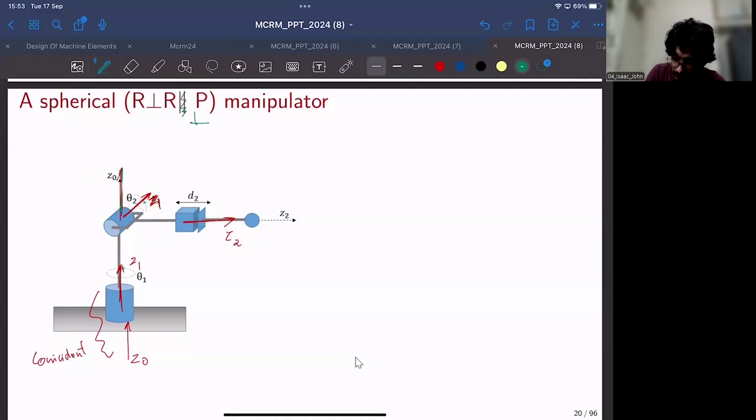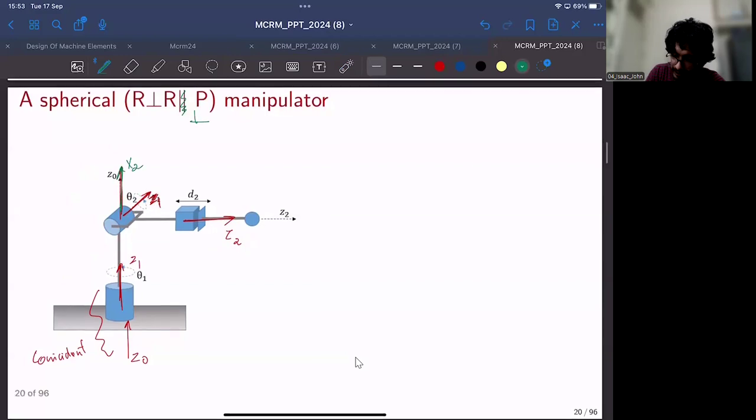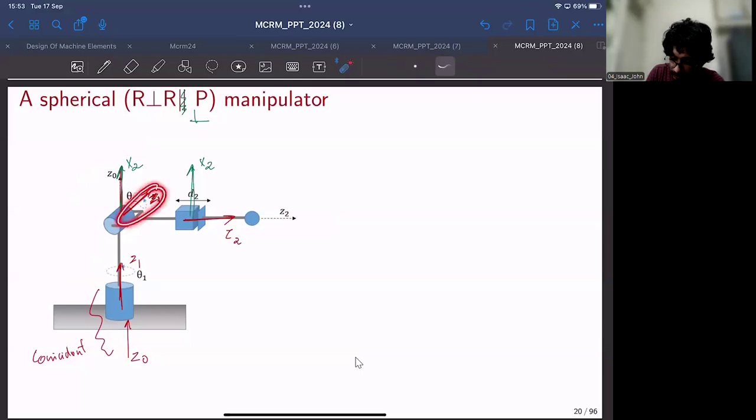I'll select X1 like this. And for convenience, I'll choose X2 like this. And Z1, sorry, this is supposed to be Z2. And since Z2 and Z1 are like this, the common perpendicular would be along this direction. So I can choose X1 like this.